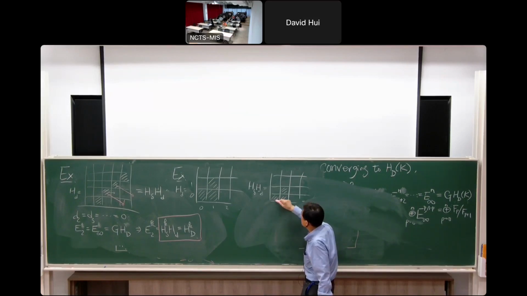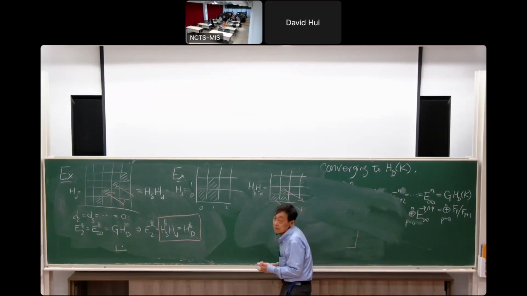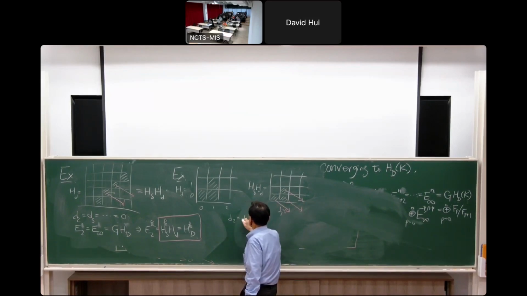And here again, you see that D2 is going to be 0, and D3 will be 0. So for the same reason, E infinity is going to be HDK, and E2K is H delta HDK.